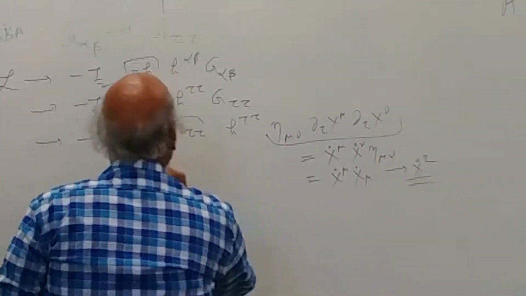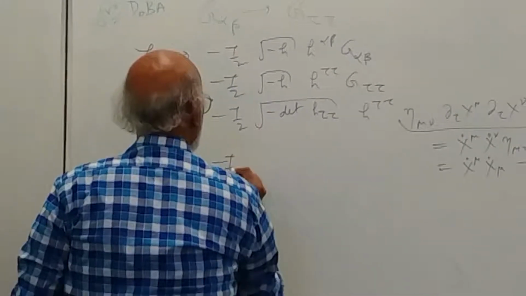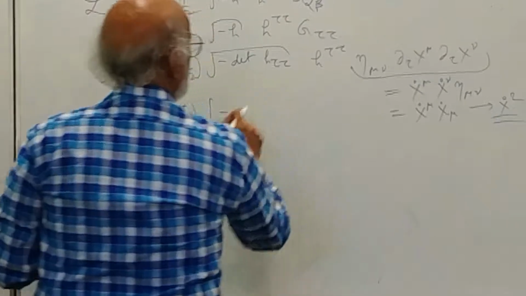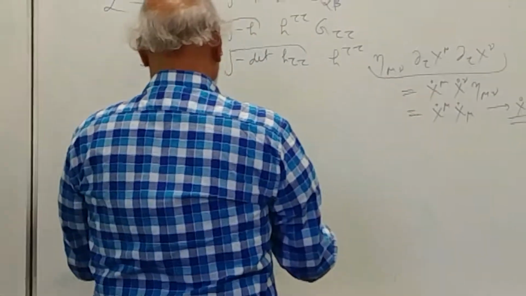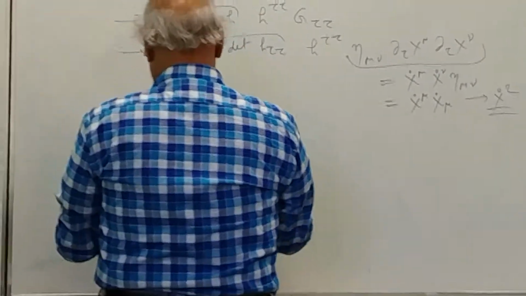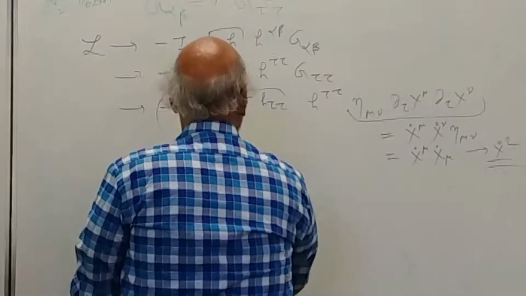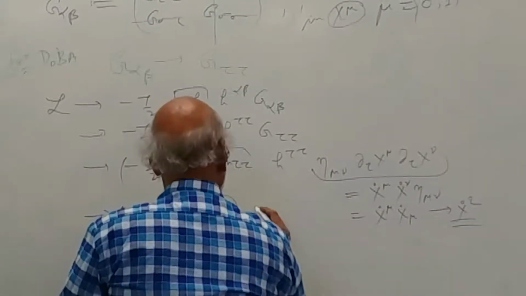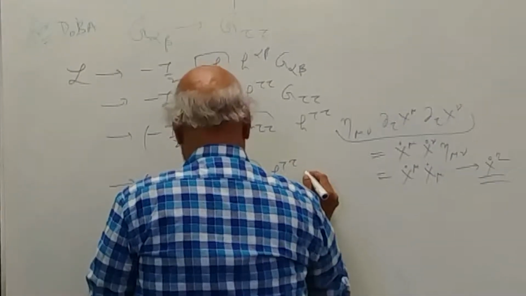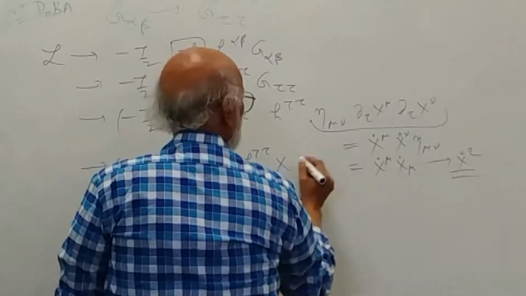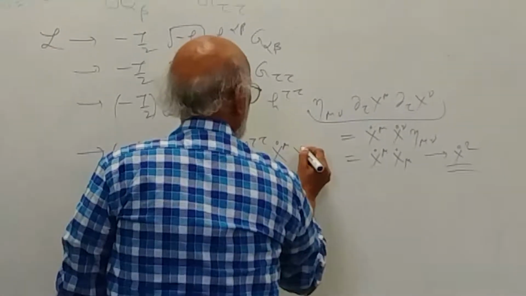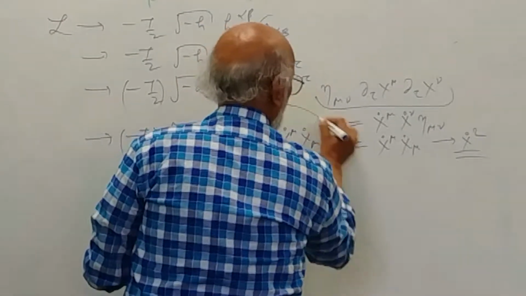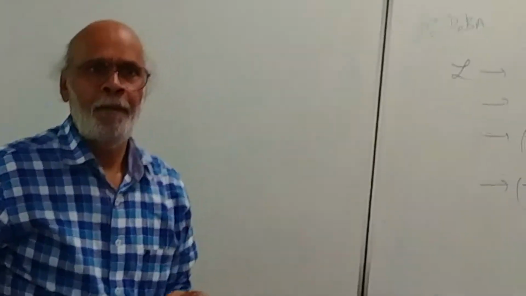So this goes to minus T by 2, and it remains the minus determinant of h tau tau, and times this, right.